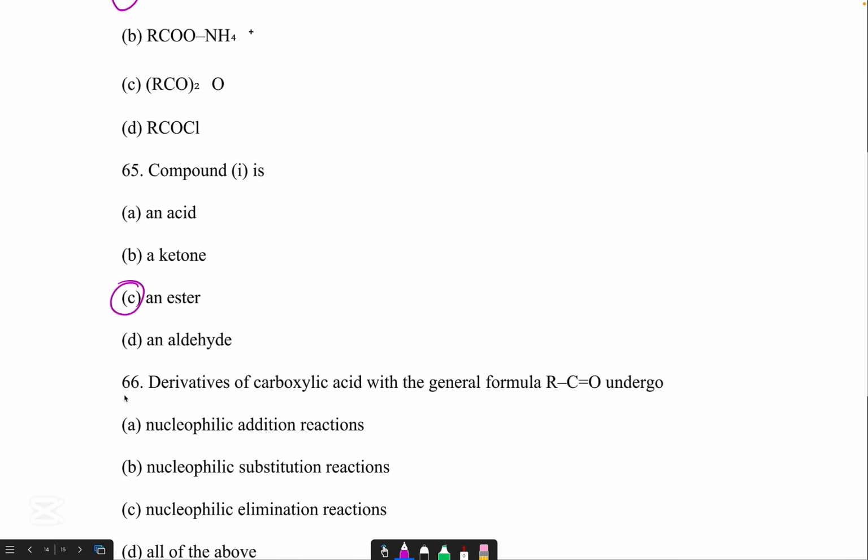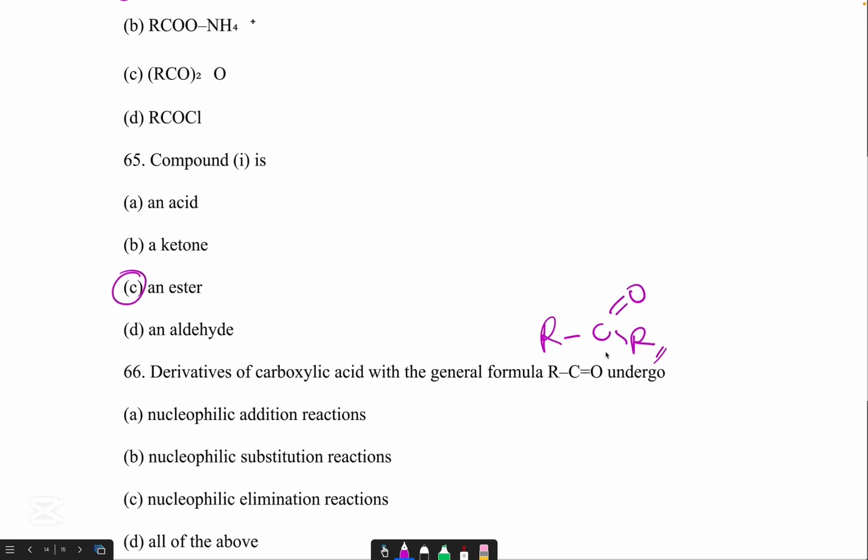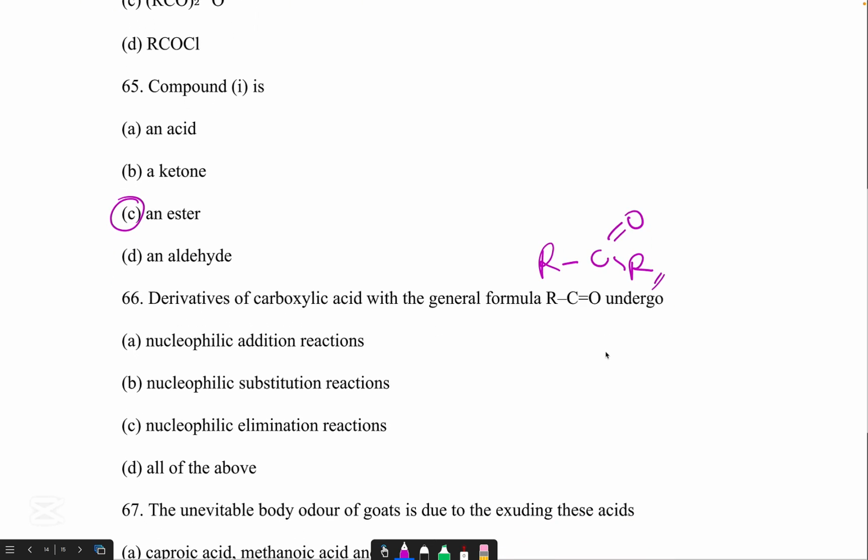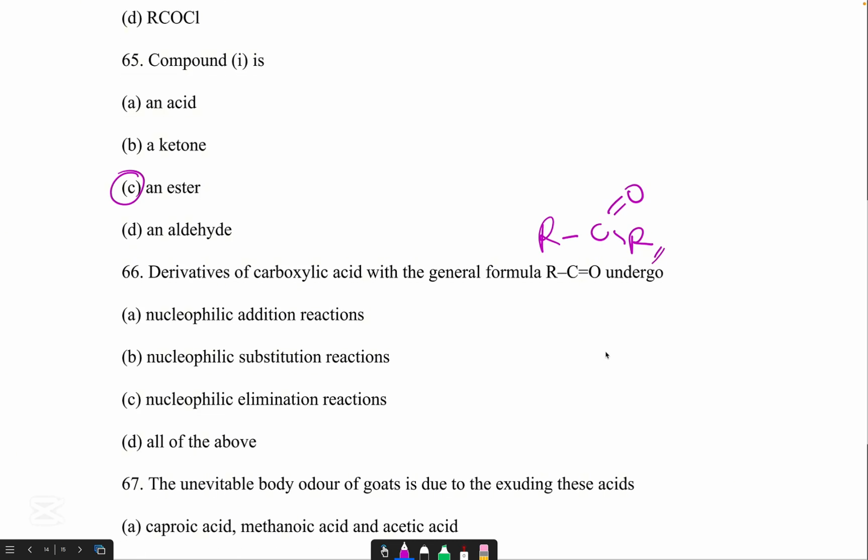Derivative of carboxylic acid with the general formula. I think that general formula was wrong. The general formula of ROC double bond OZ generally undergoes what kind of reaction? They usually undergo nucleophilic addition reaction. Are you getting it? Is that understood?